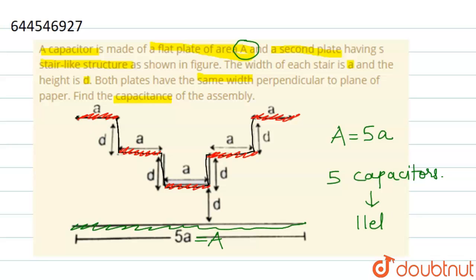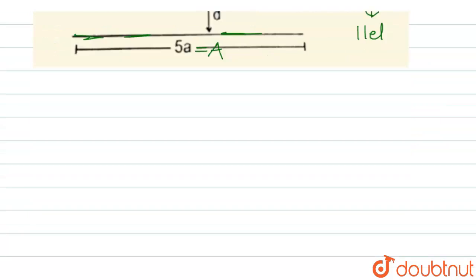See, this is one capacitor, then another capacitor, then this will be the third capacitor, this will be the fourth capacitor, and this will be the fifth capacitor. So we can draw the diagram very easily, like this is the central capacitor. Suppose this is a and this is also a.